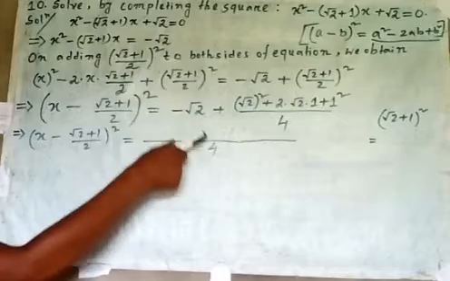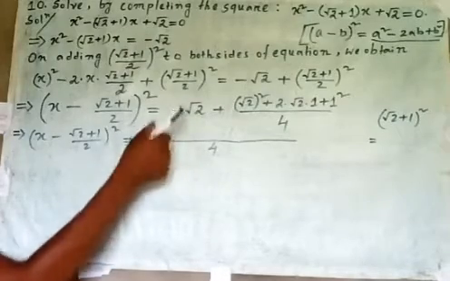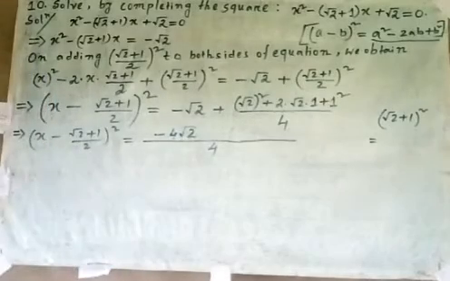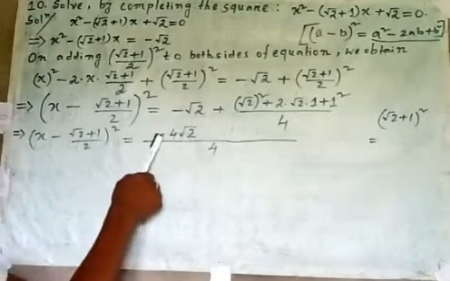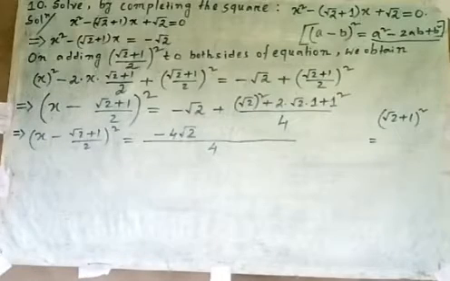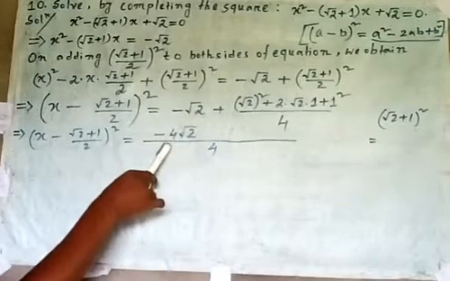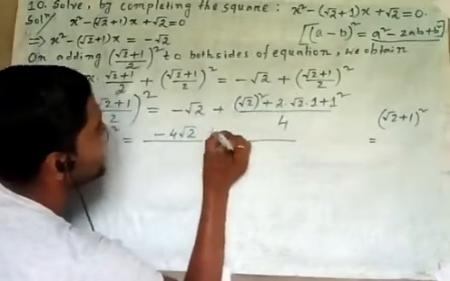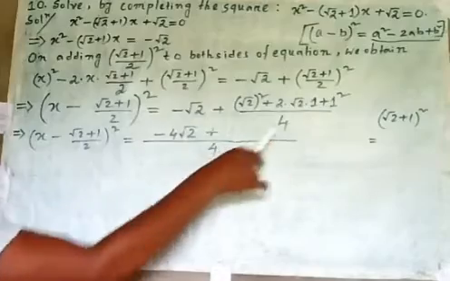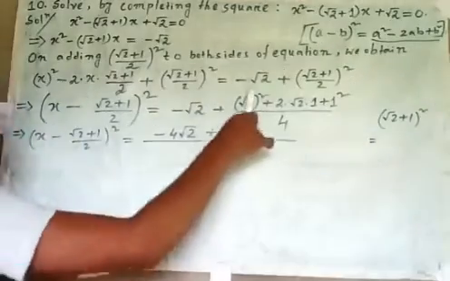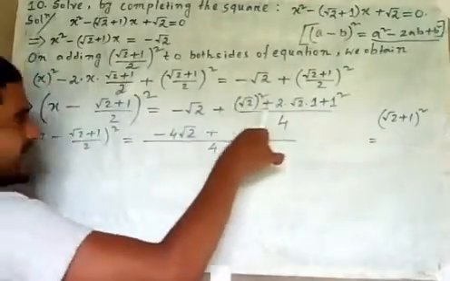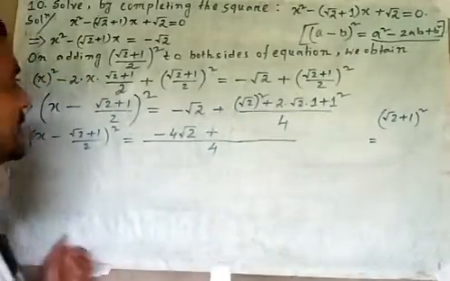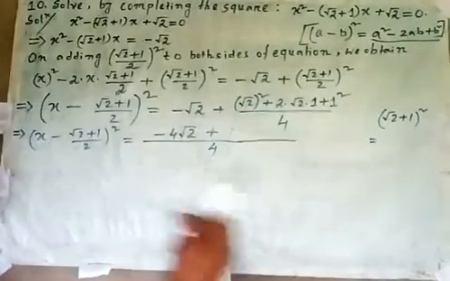So 4 into 1 is 4, 4 into √2, minus, it means minus 4√2. Then plus, then 4 divided by 4 means 1. 1 into this numerator, so 1 into √2 square, it will be √2 square.